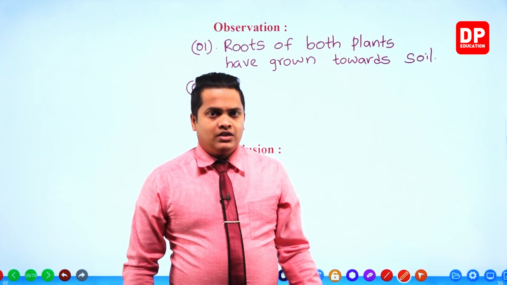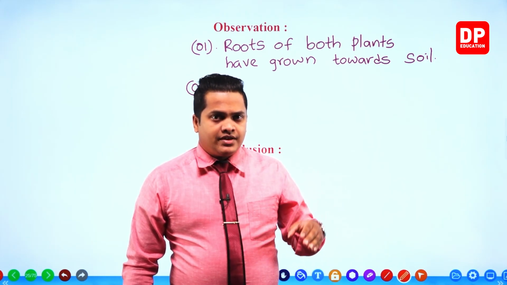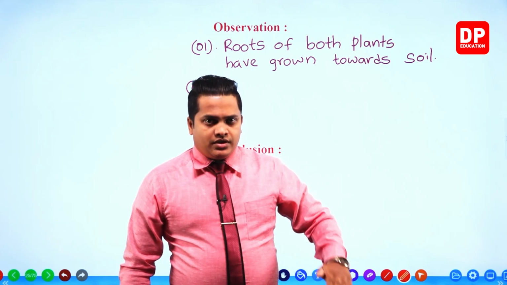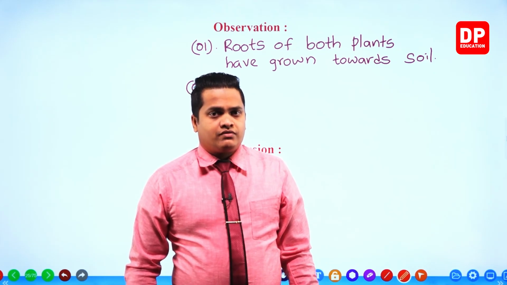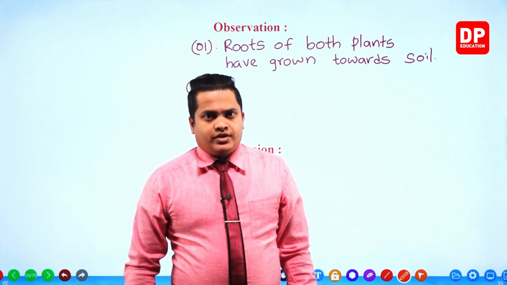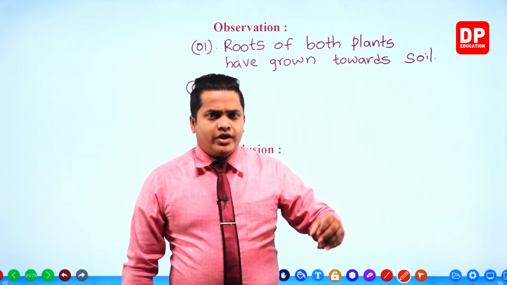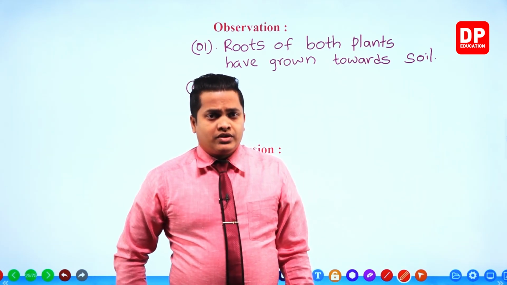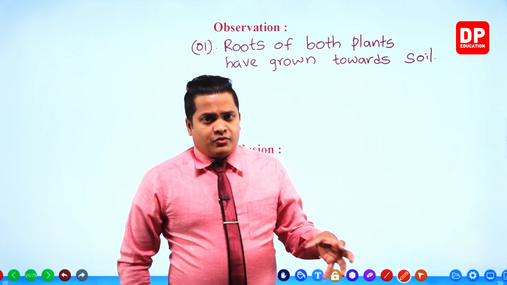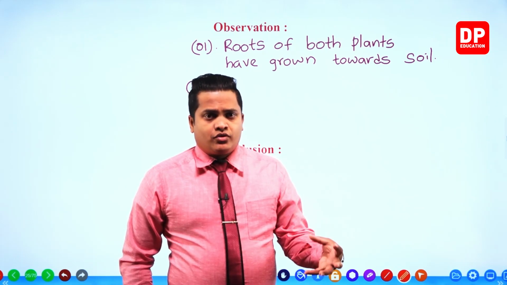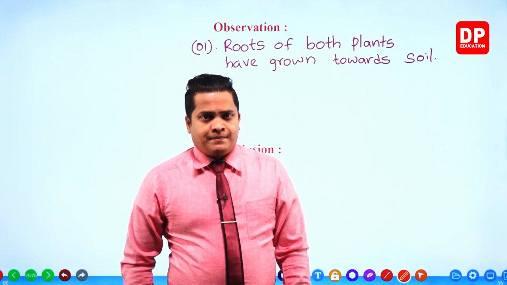But after about 1 or 2 weeks, the shoot is going to grow, or resume growing, towards the direction of the light, right? Even though I topple it down, there's no change in it. It's going to happen in the same way.